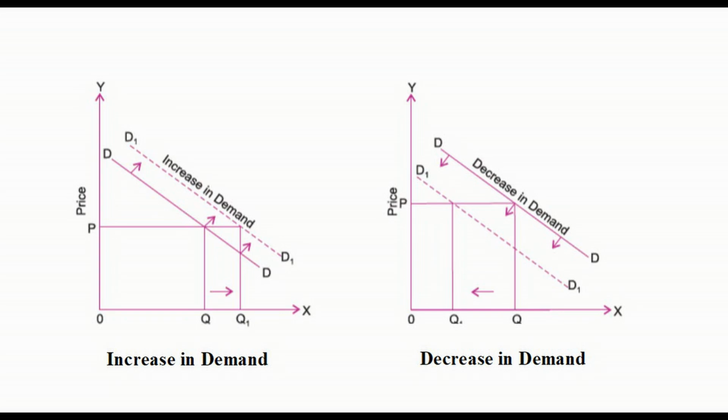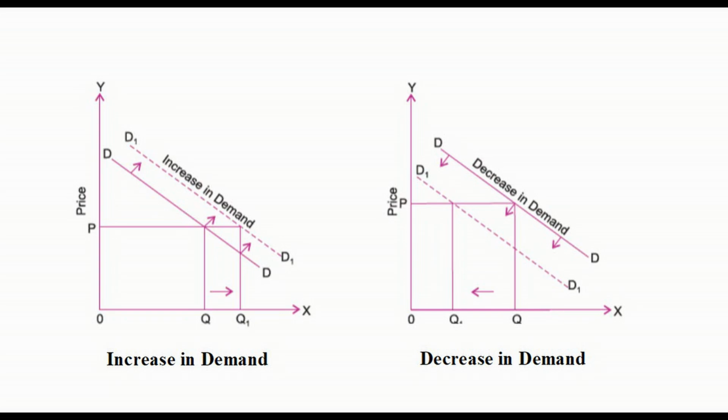For example, there might be an increase in the income of consumers, increase in taste and preference, or price of related goods. These are the factors that result in change in demand. That's why we have a constant price line for increase in demand.